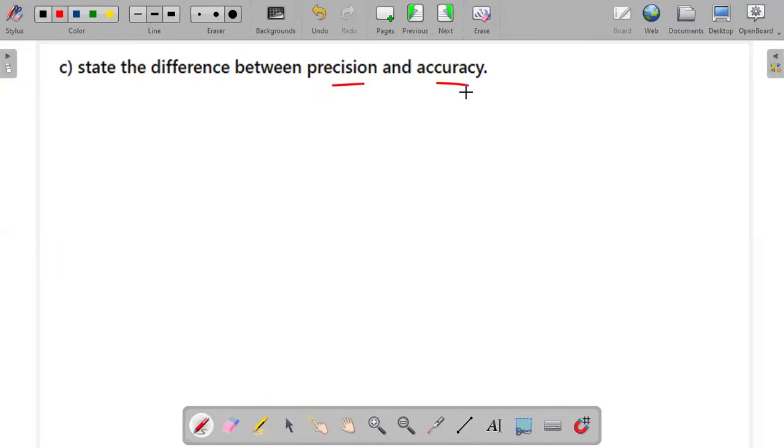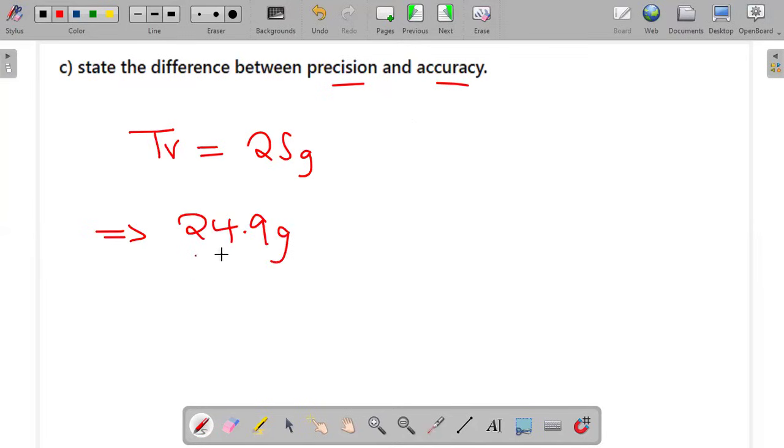So we said the precision is just the degree of agreement among several measurements of the same quantity, while the accuracy refers to how closely a measured value agrees with the correct value. So if, for example, the true value is given as 25 grams, and then in your measurement you find 24.9 grams, you see that this 24.9 grams is very close to the true value, right?